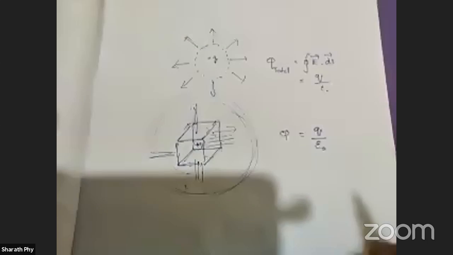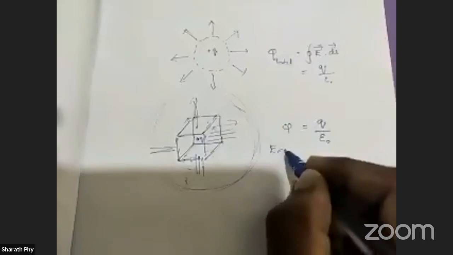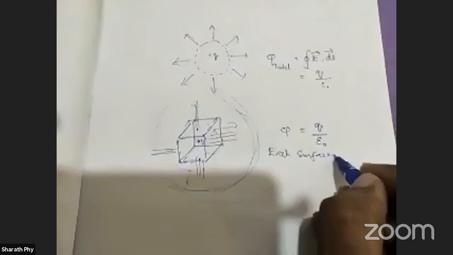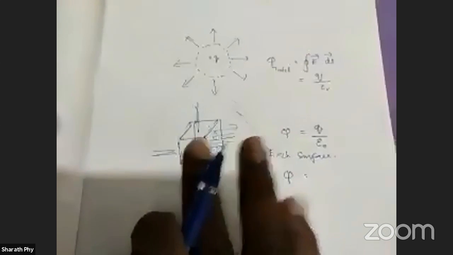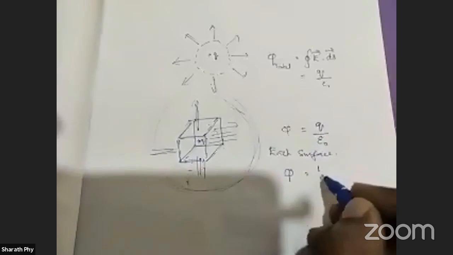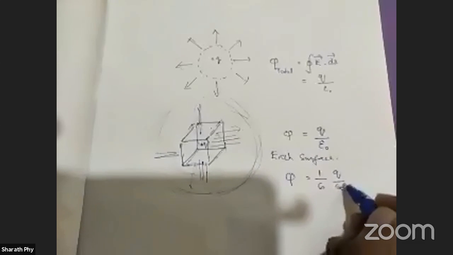But what about each surface, each face? How much flux is linked with one surface? We have 6 surfaces, and we consider one surface among the 6. This is the flux linked with each surface.